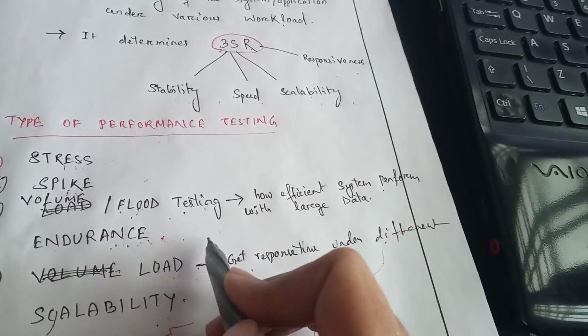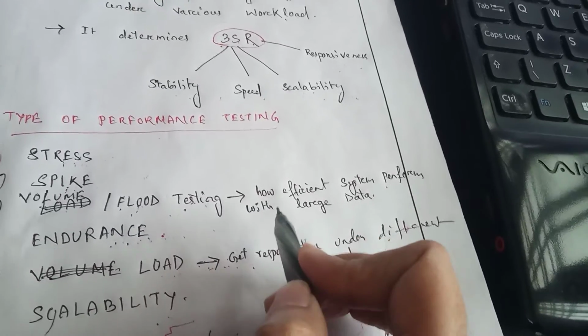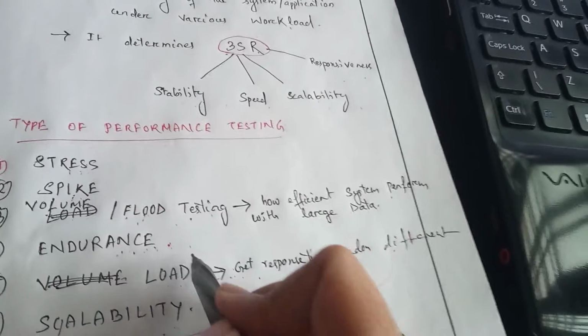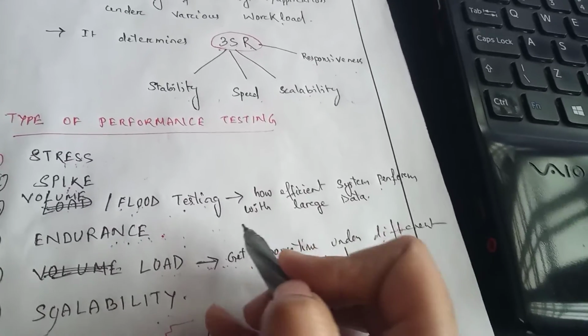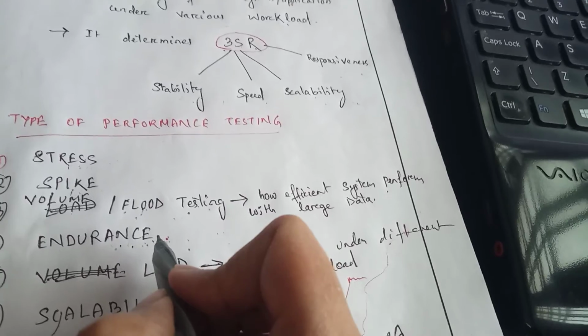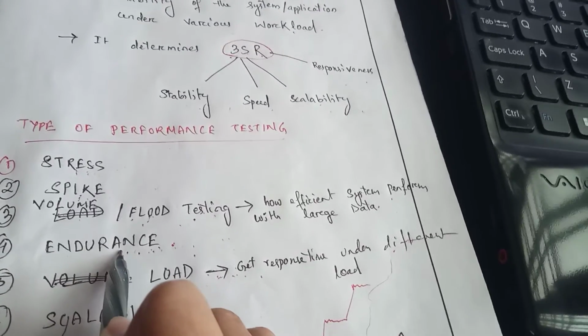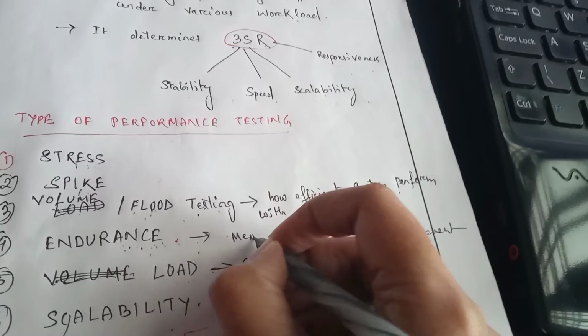Let's take an example of a Java application. There are unreferenced, unused objects which have to be reclaimed. If they are not reclaimed, that creates memory leaks. To find such bottlenecks, we do endurance testing. So the main objective is to find the memory leaks.